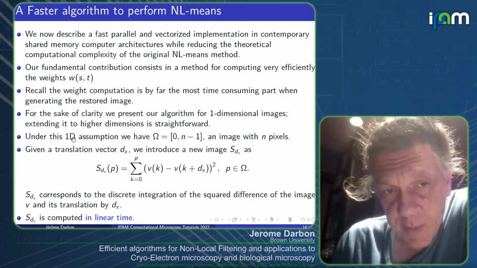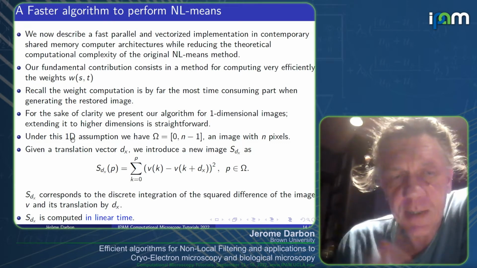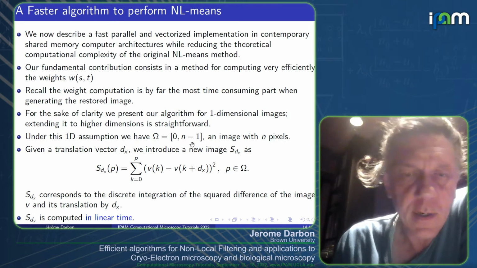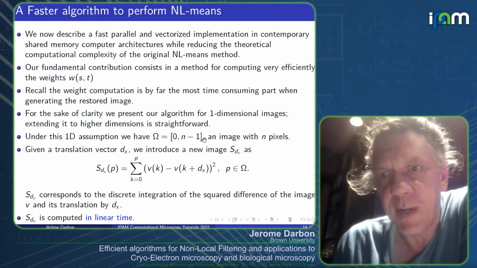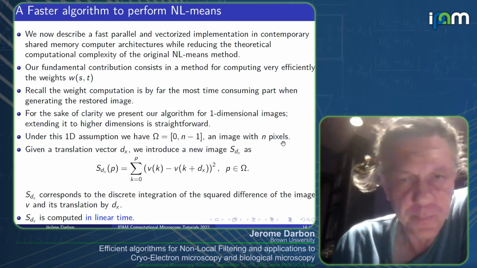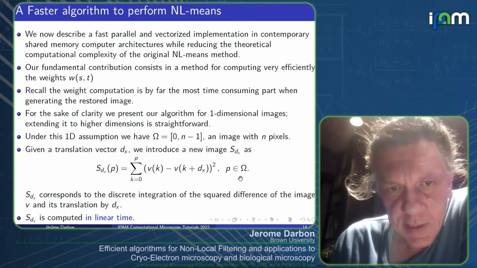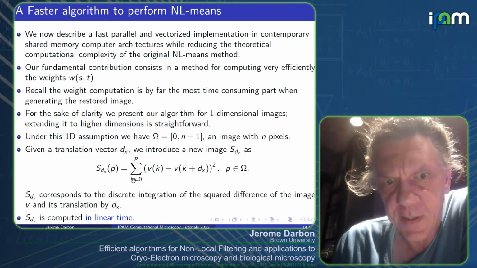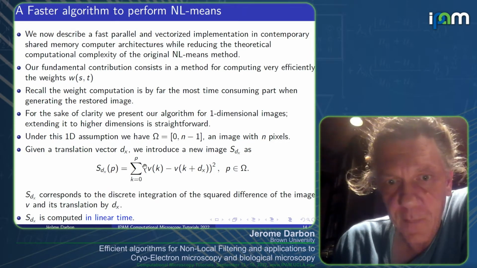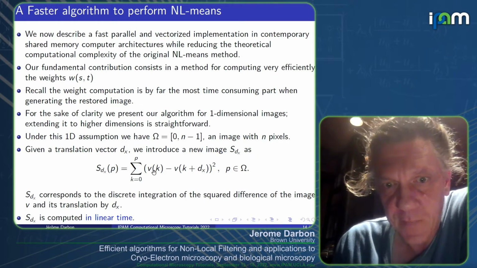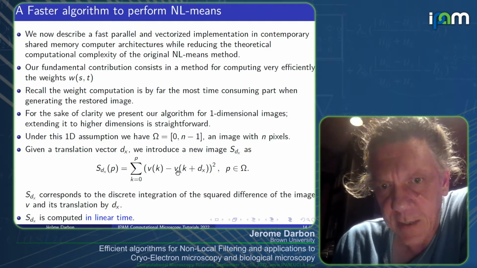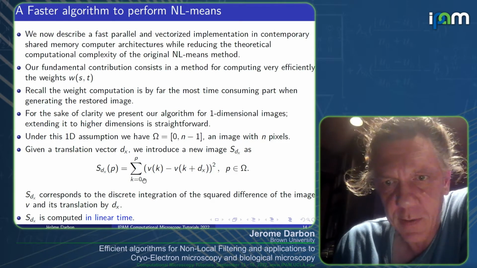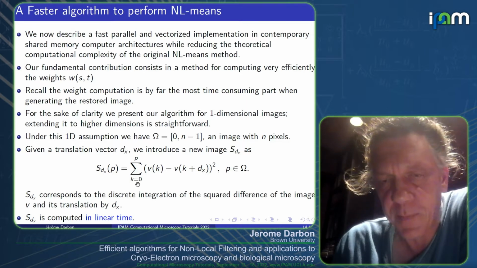So I've got my 1D image, so I can call that a signal, and omega, the support of the signal, are the integers from 0 to n minus 1. I've got n pixels. The key quantity that we're going to use is this cumulative sum of the squared difference of v at k minus v at k plus dx, which is a parameter given here. I square it, and then I sum.